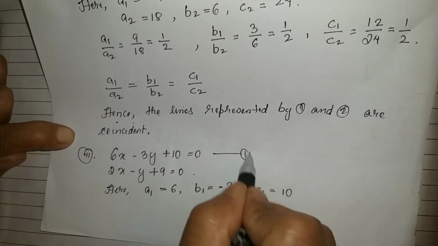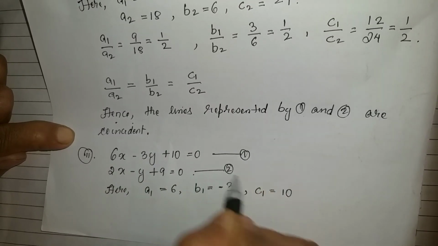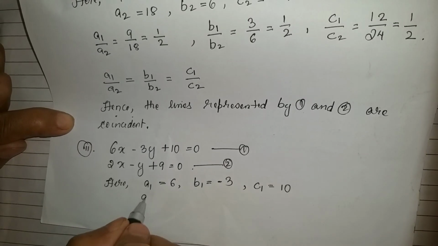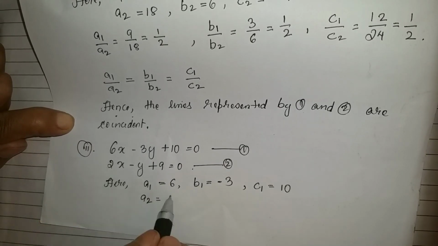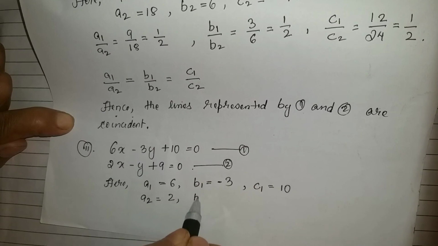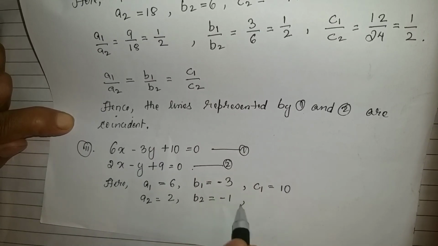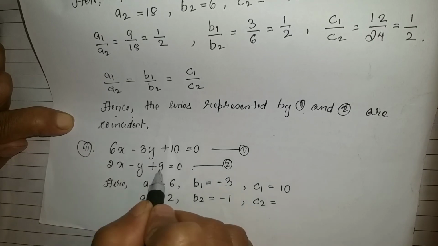Let us first name this as equation 1, this as equation 2. Our a2 is 2, our b2 is minus 1, and our c2 here is 9.